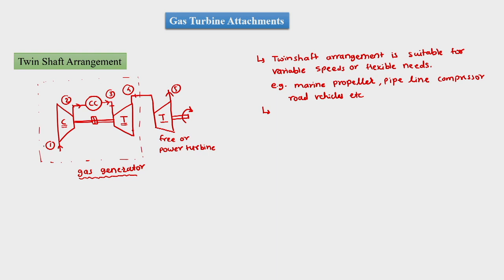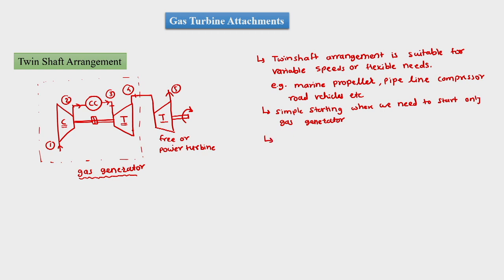So, the arrangement of an open cycle gas turbine power plant over here is called a gas generator. Then we have a simple starting process in case of twin shaft, where we need to start only the gas generator.